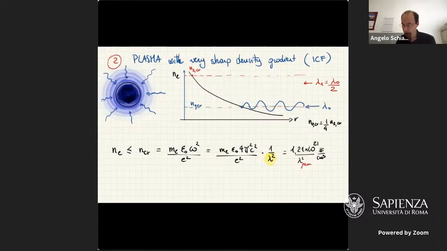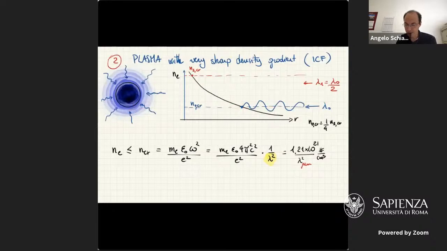So what happens is that lambda 0 cannot propagate beyond this region here, it has to stop here, and most of it can be refracted or reflected. If you hit normally, then laser light is refracted and comes back. If you hit with an angle, it will just be refracted away and cannot actually reach the critical density.